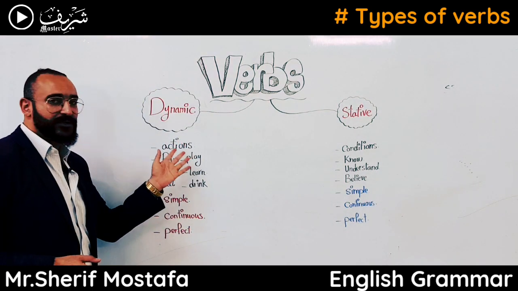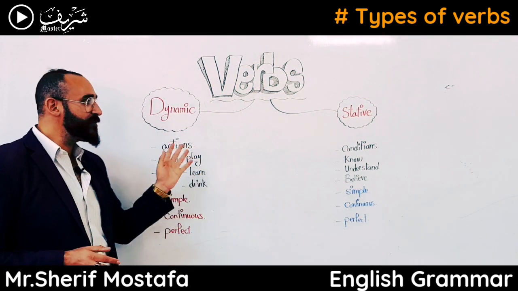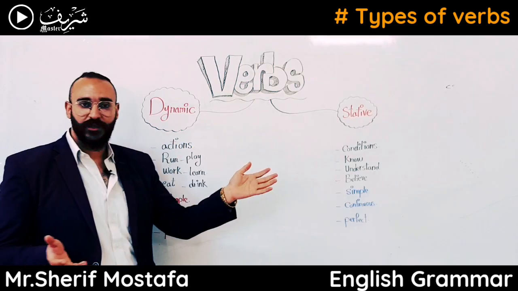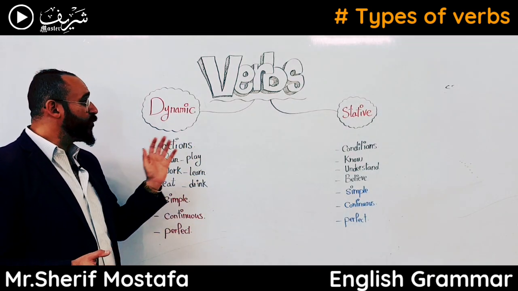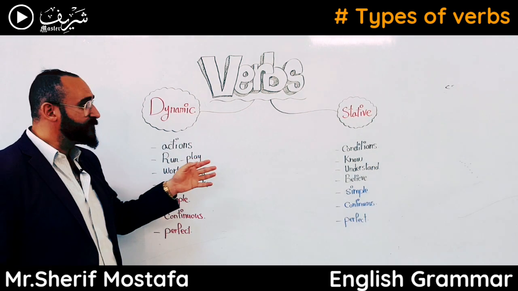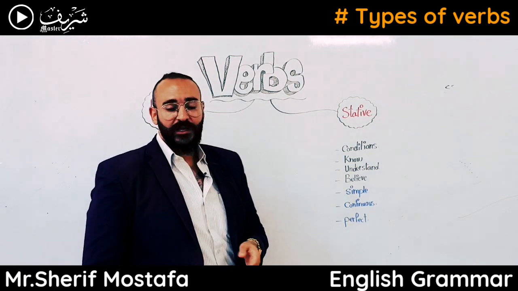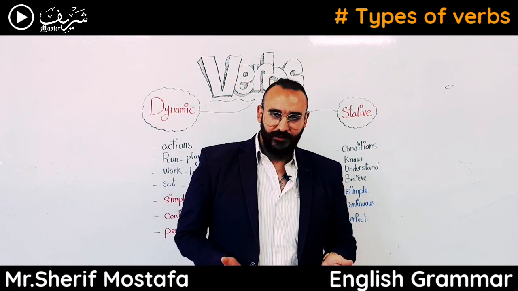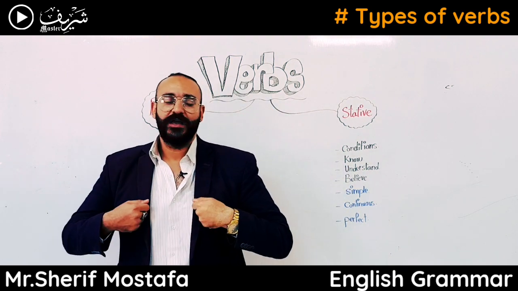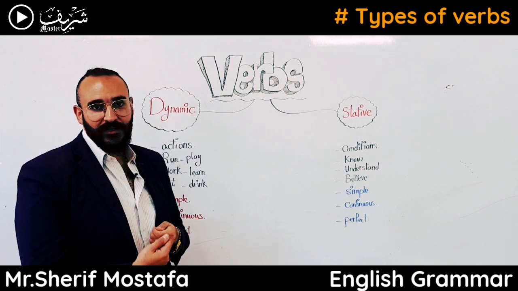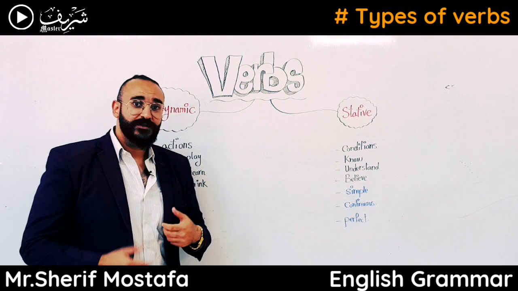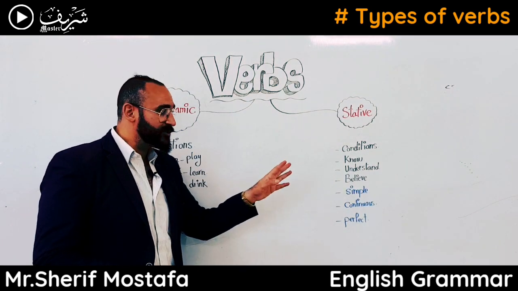So as you can see here, we made two different types of verbs. We have the dynamic verbs and also the stative verbs. So what's the meaning of dynamic? Dynamic is everything related to movement or physical, anything that moves or anything related to actions.